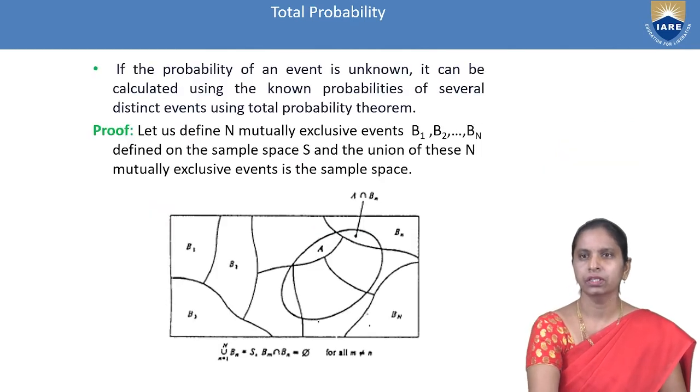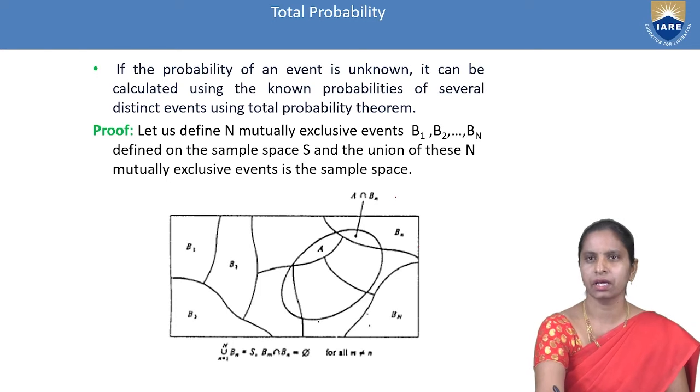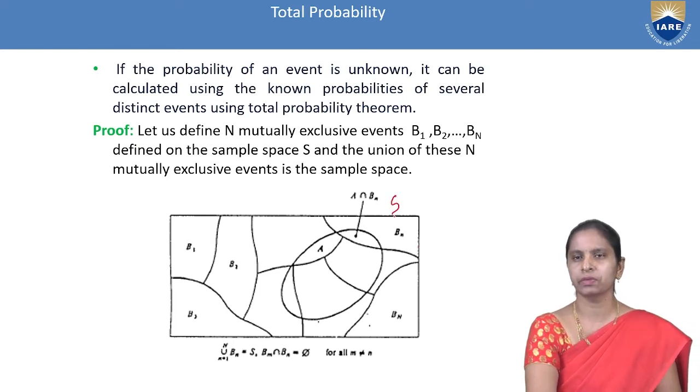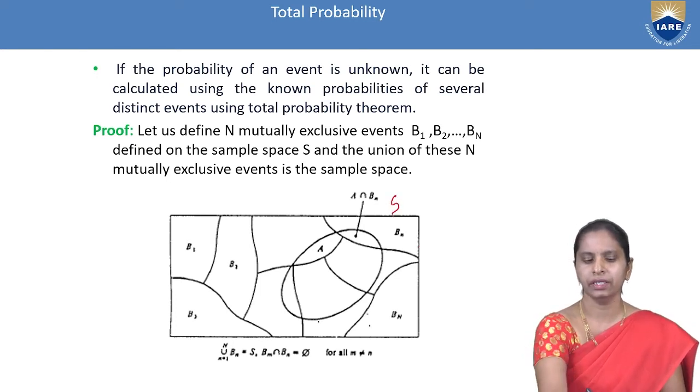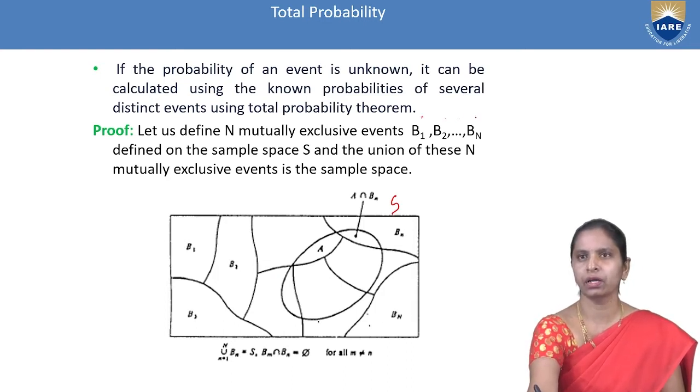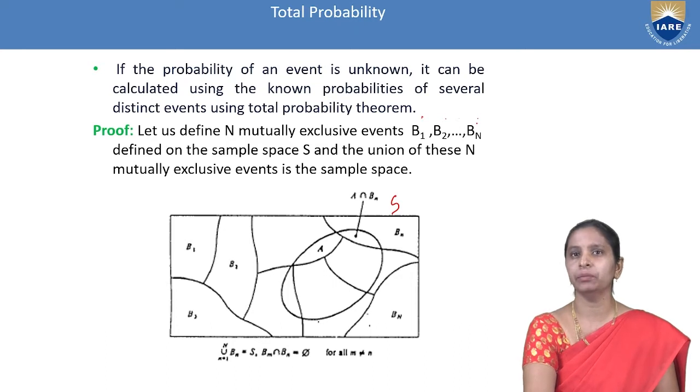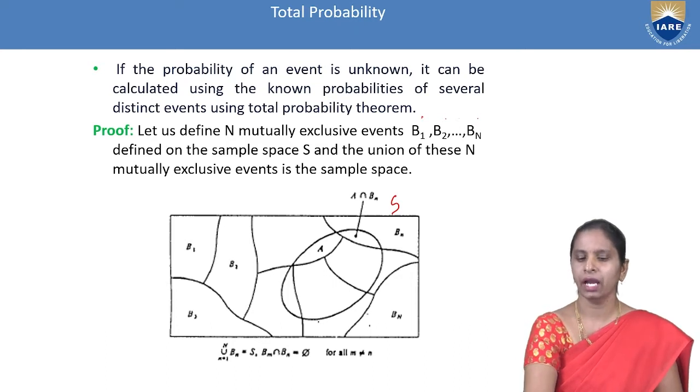Now, let us consider this is a sample space S. On this sample space S, you are defining n mutually exclusive events. Here B1, B2 and so on Bn are called the n mutually exclusive events. And we have to consider one more condition.